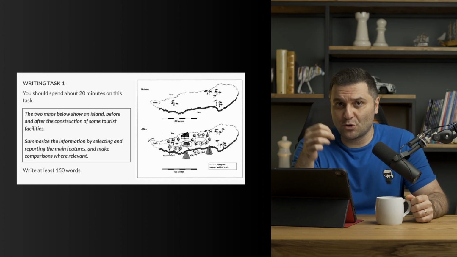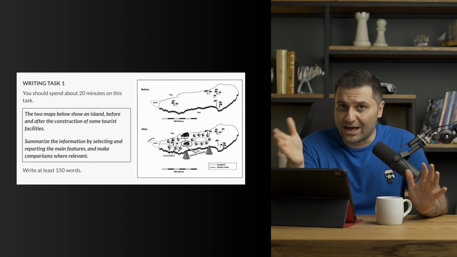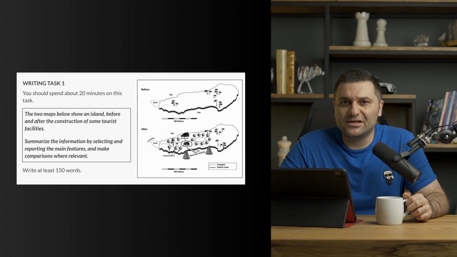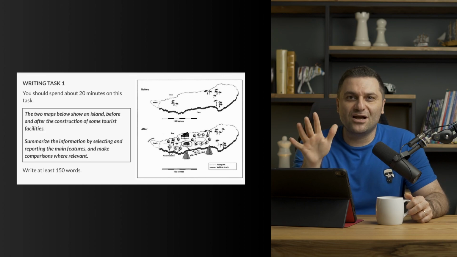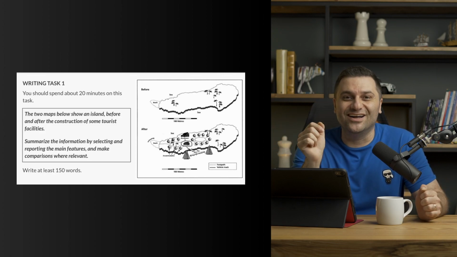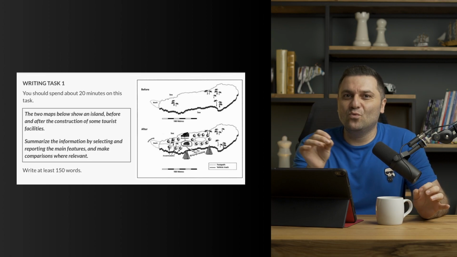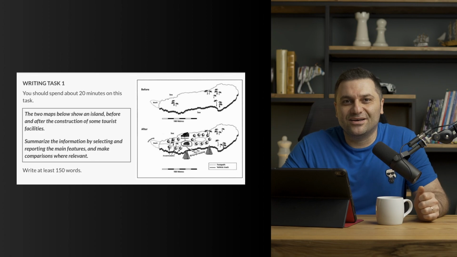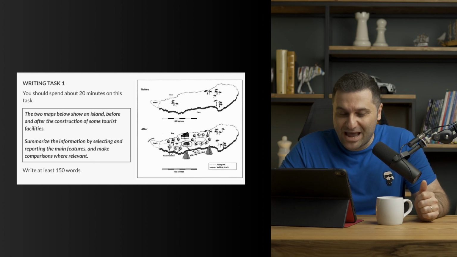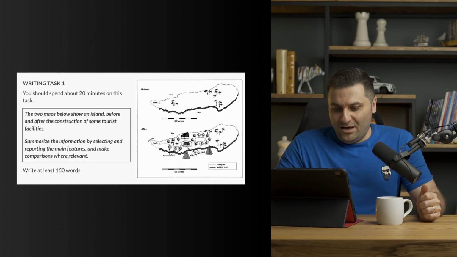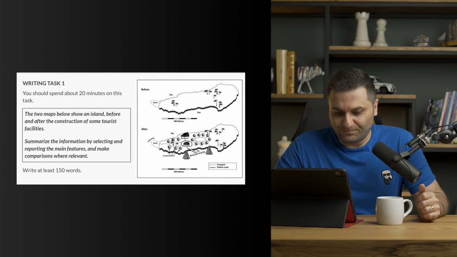Because they are much more common questions that you will encounter in your IELTS. And maps and processes are rarely given in IELTS. Maybe, for example, if you take part 5 times in IELTS, and I hope you take part just once, but if you take part 5 times, maybe one of them will be a process or maps. So these types of questions are rarely used in IELTS Academic Task 1.